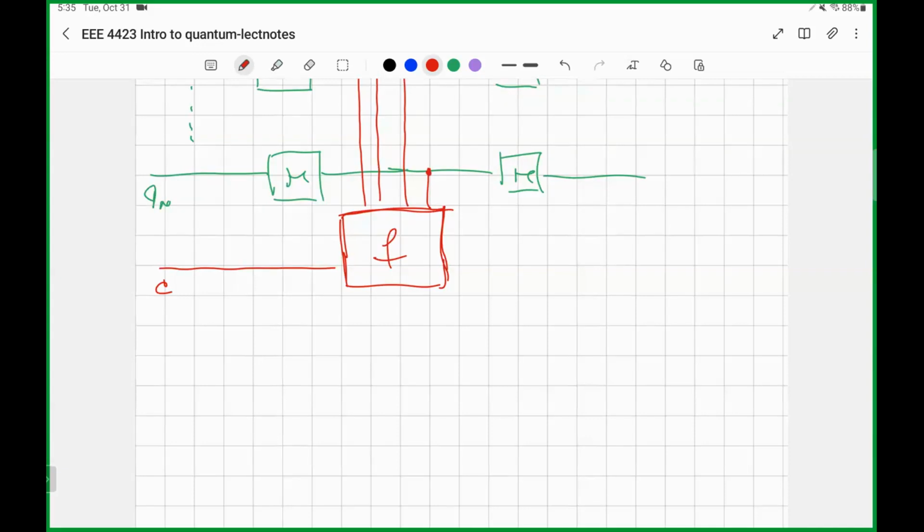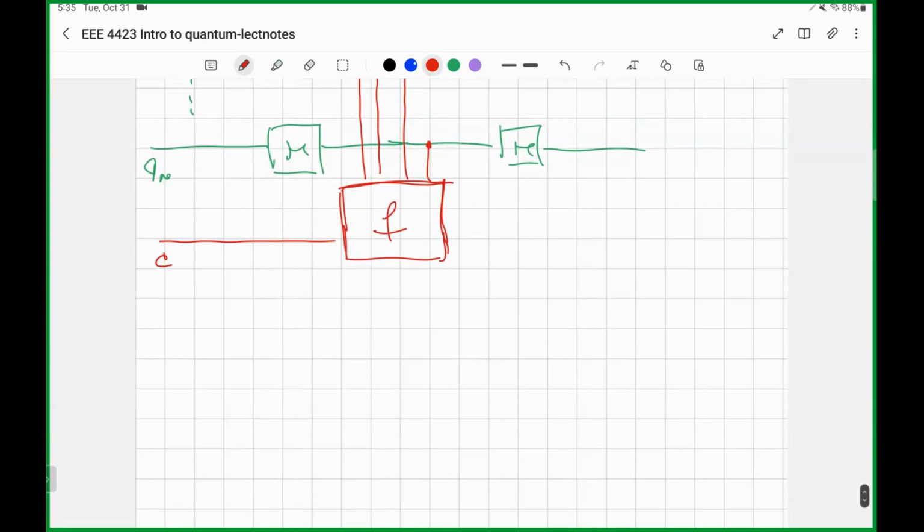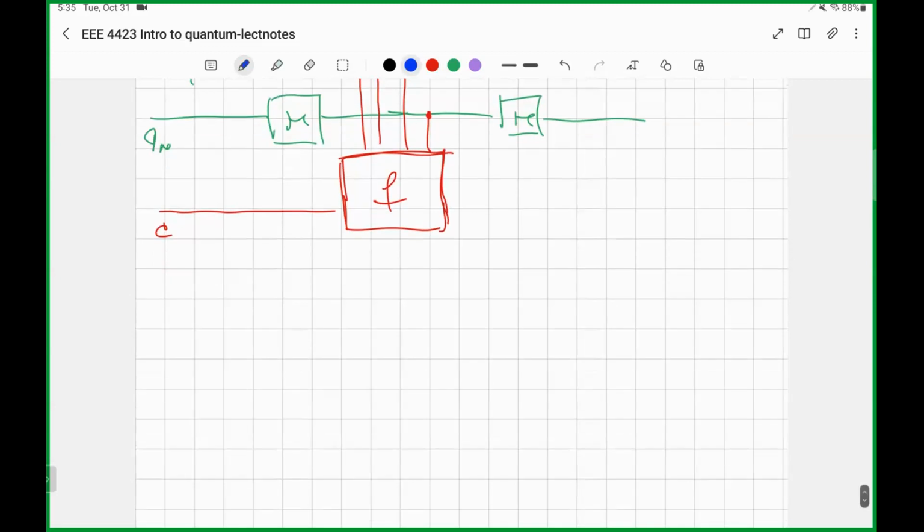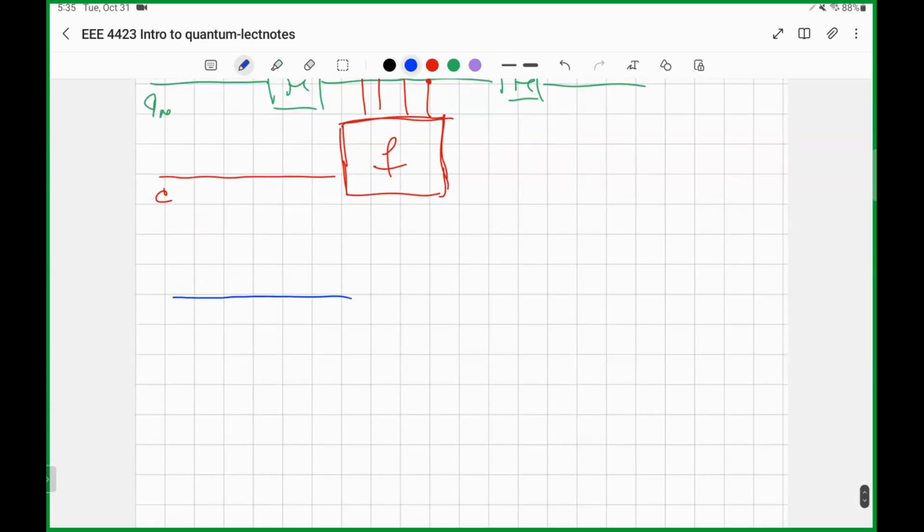We create quantum interference, we operate with the amplitudes, and then we close quantum interference and measure the result. Schematically, we have some probability amplitudes in the input.